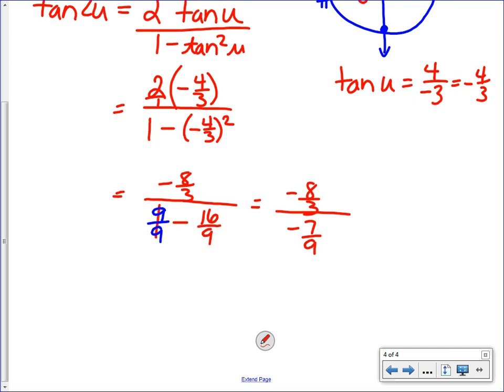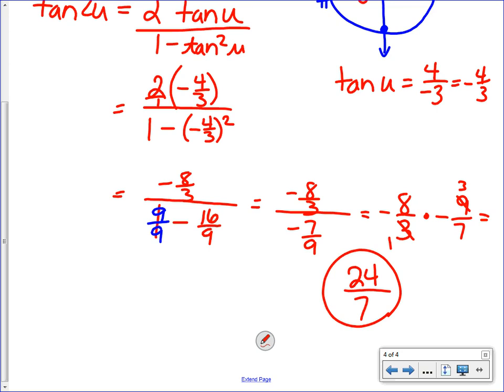Now we are dividing fractions, so we're just going to turn this into multiplying by the reciprocal. And then we could cross-reduce with the 3 and the 9, and then multiply straight across. We have a negative times a negative, which is a positive. 8 times 3 is 24, over 1 times 7 is 7. And we get our final answer.